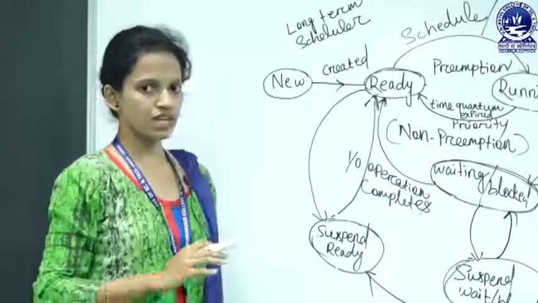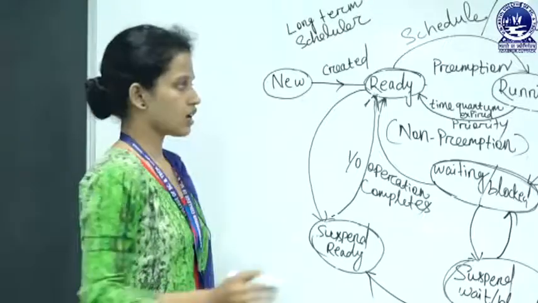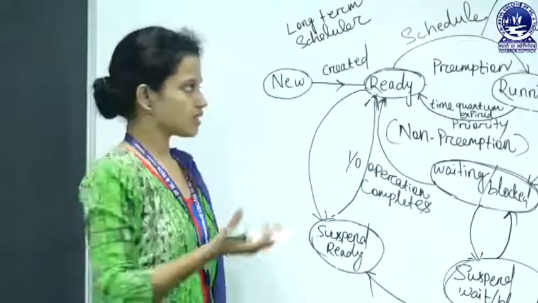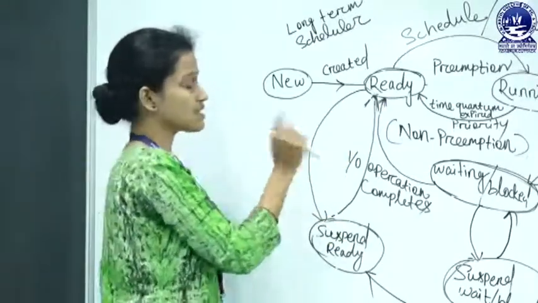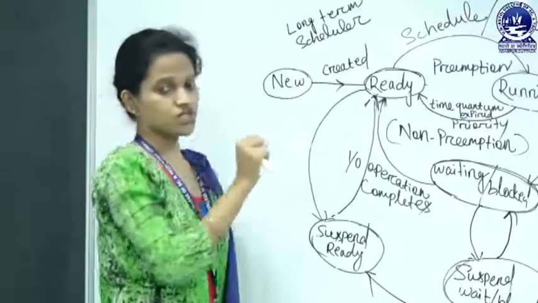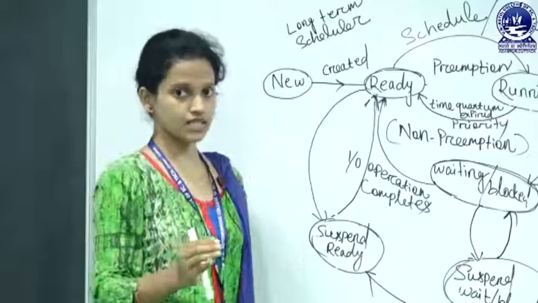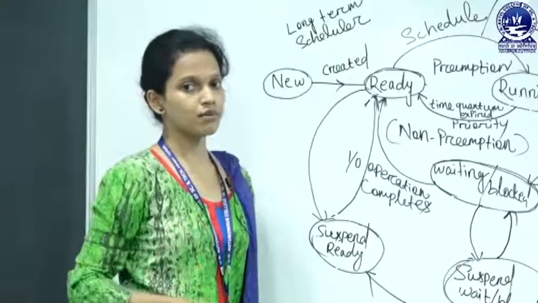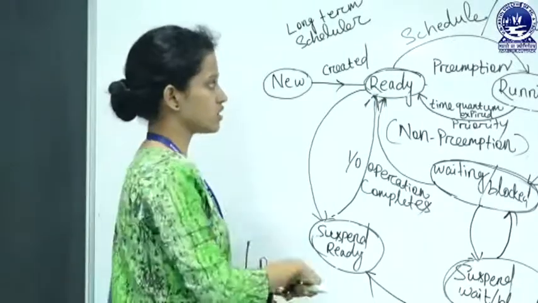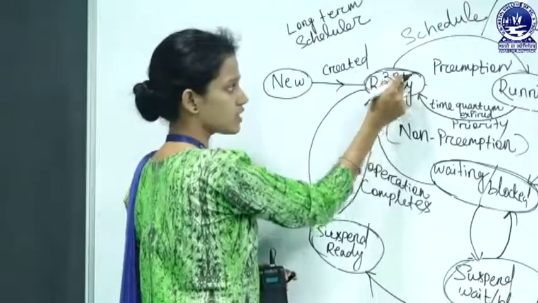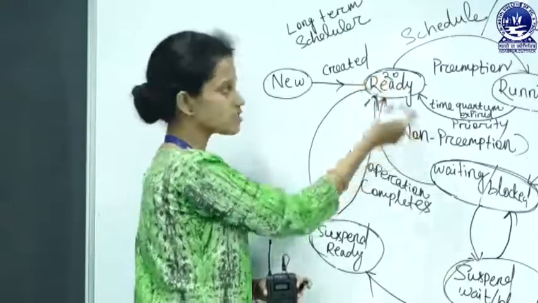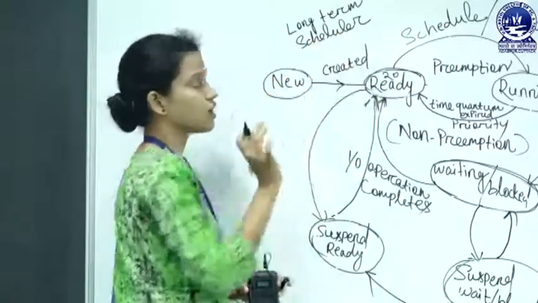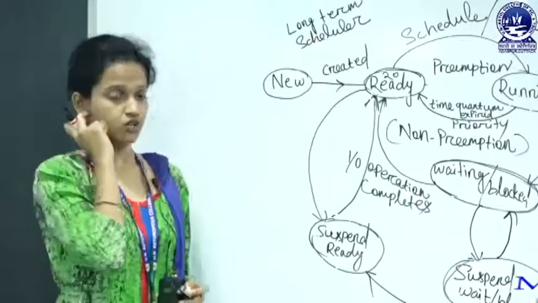A huge number of processes reside in the ready state at a time, and how many processes are there in the ready state is decided by the long term scheduler. If 50 processes reside within the ready state, then the degree of multiprogramming is 50. If 20 processes are there in the ready state, then the degree of multiprogramming is 20.